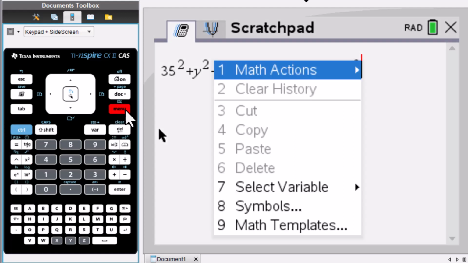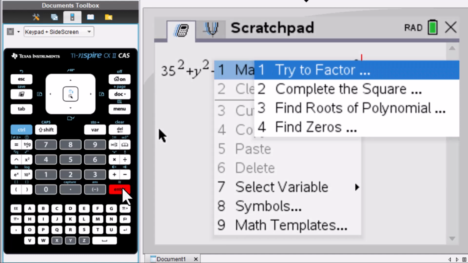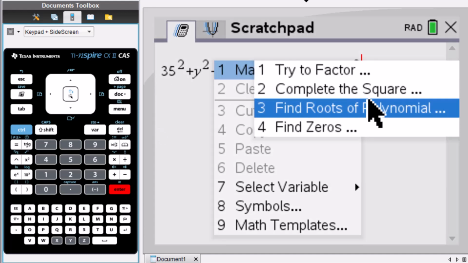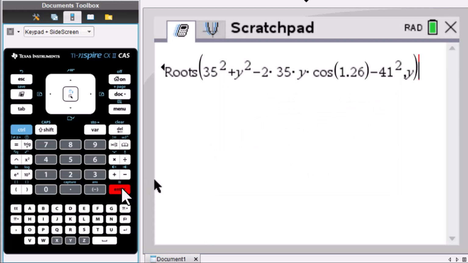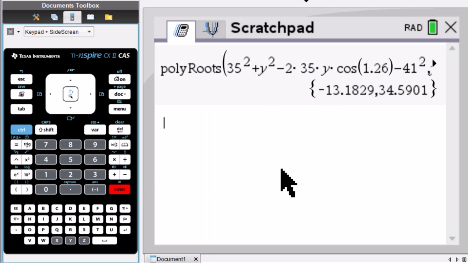Control menu. Find roots of polynomials. We do know the length cannot be negative. 34.6 is the value for xz.